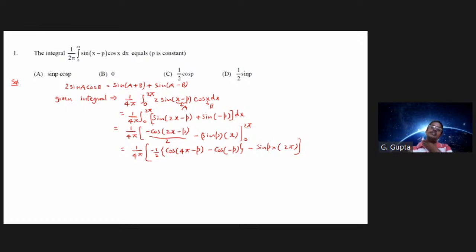Here 720 degrees minus theta, double complete rotation. So this is nothing but 1 by 4 pi, minus half into, cos of 2n pi minus theta is cos theta only. So this is cos p minus cos of minus p, that is cos p, and that is minus 2 pi sin p. So this cancels and the remaining 2 pi cancels. So minus sin p by 2. Here no option is matching, so everyone gets full marks for this type of problem.